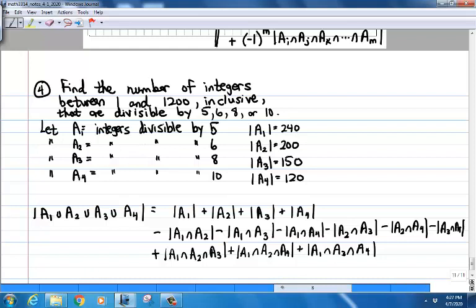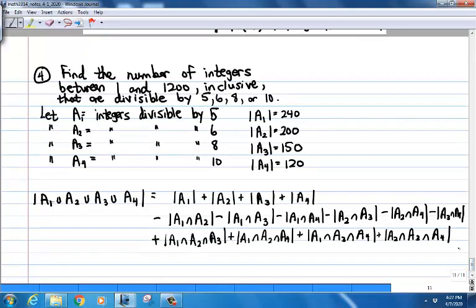And then I think there's one more, because we can have A2 intersect A3 intersect A4. That's it. So that's every possible combination of 3 of these sets.